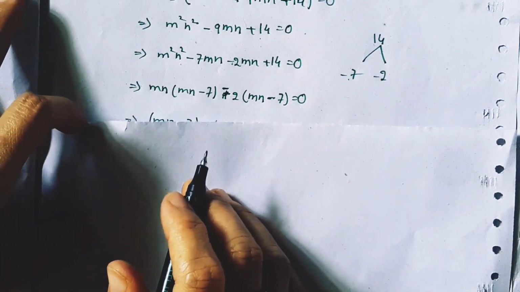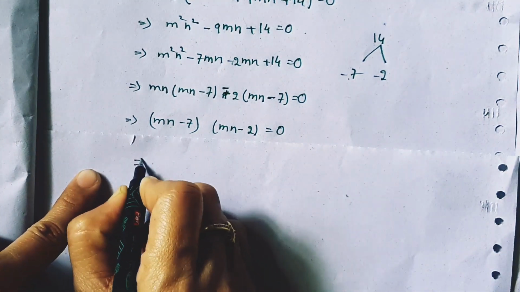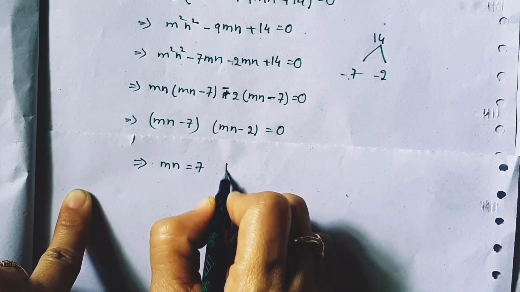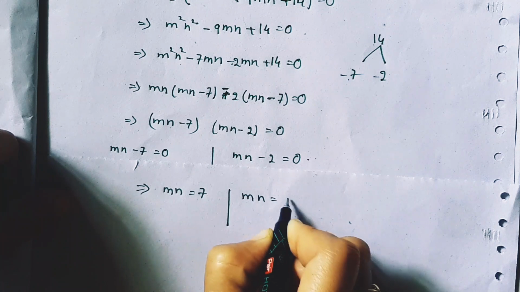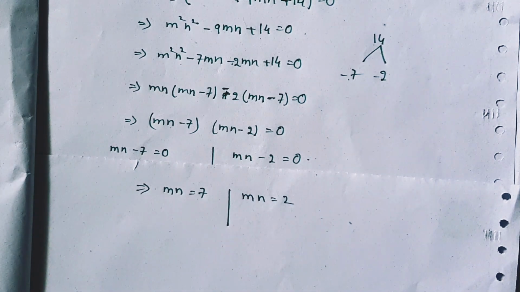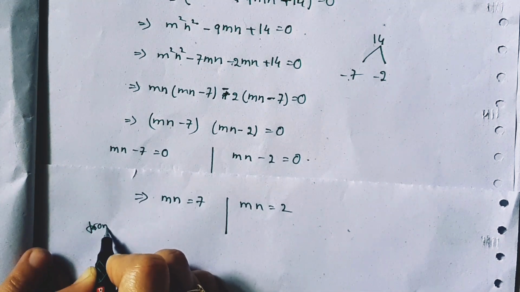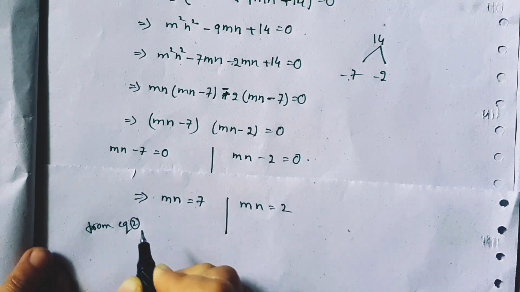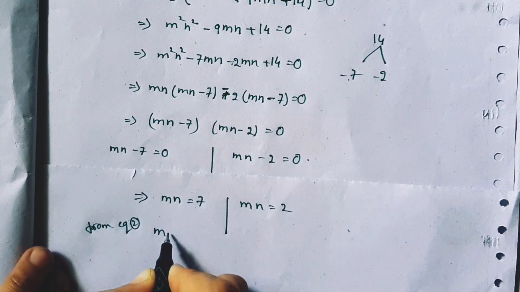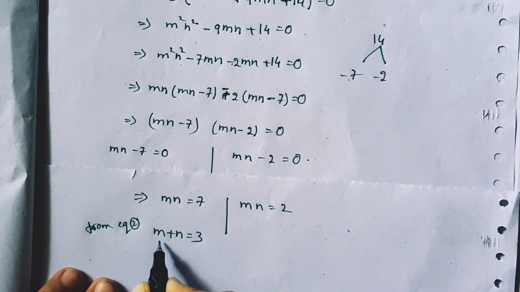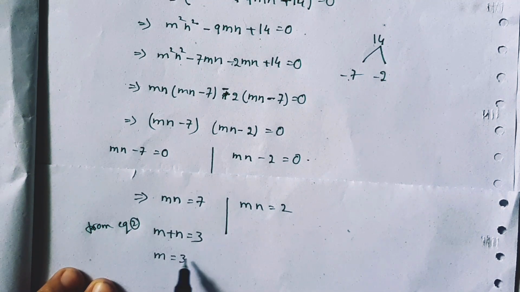So the next step will be mn equal to 7, mn equal to 2. So these are the two cases we get. Now what we'll do, we know from equation 2, that m plus n equal to 3. From this we can get the value of m as m equal to 3 minus n. So we are going to write the value of m in this.